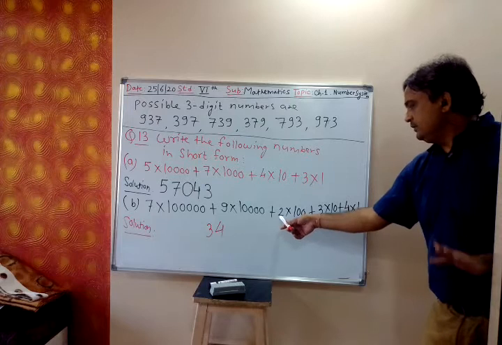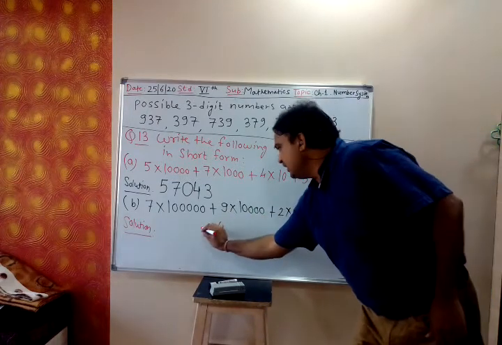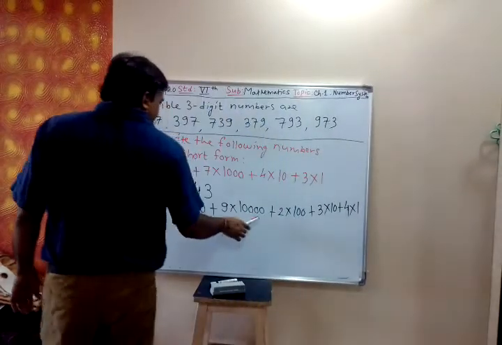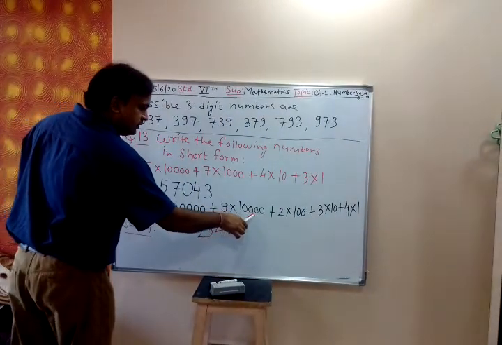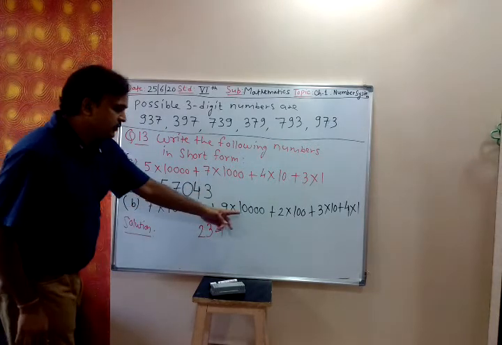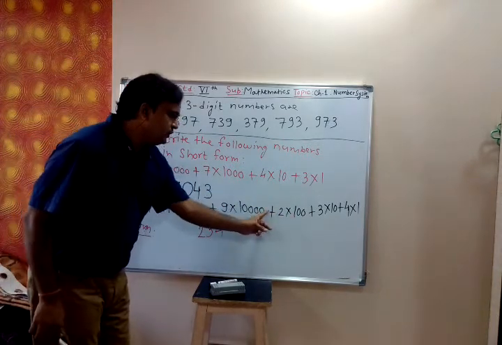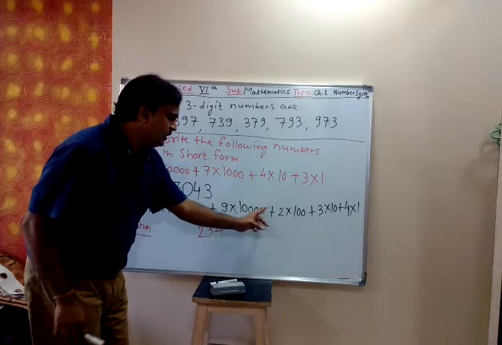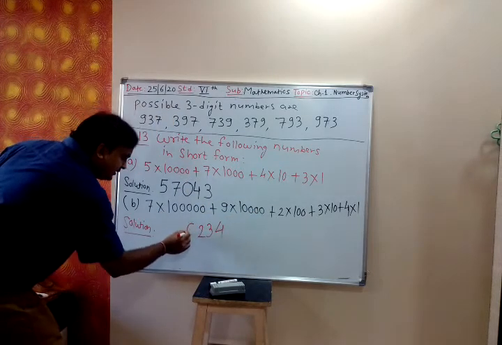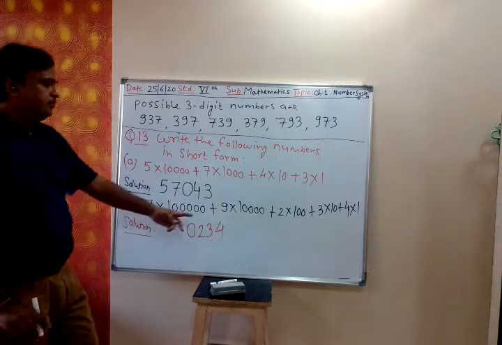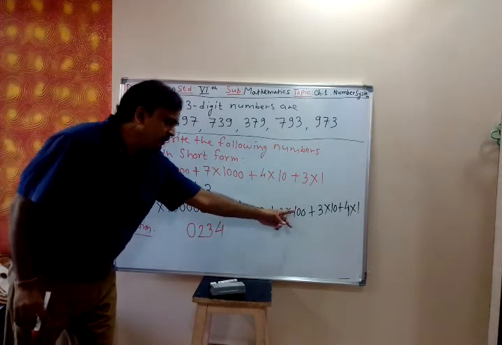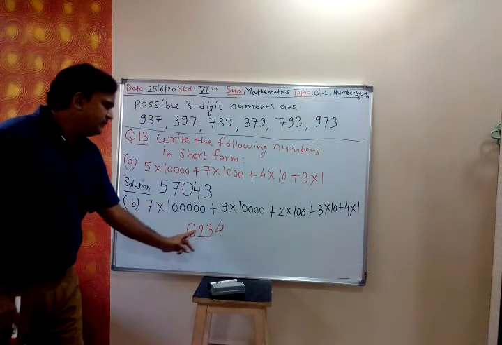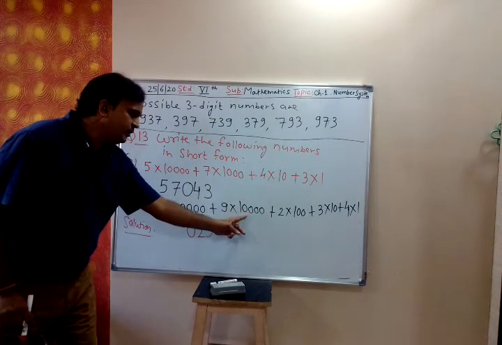Then 2 into 100 means 2 is at 100 place. Then 9 into 10,000. After 100 there should be 1000, but there is no 1000, so in place of 1000 I will write 0. After 1000, 10,000.